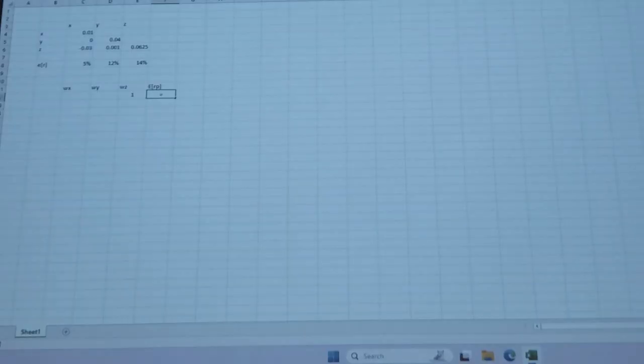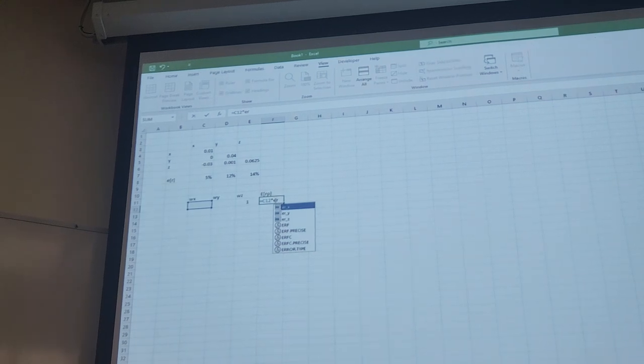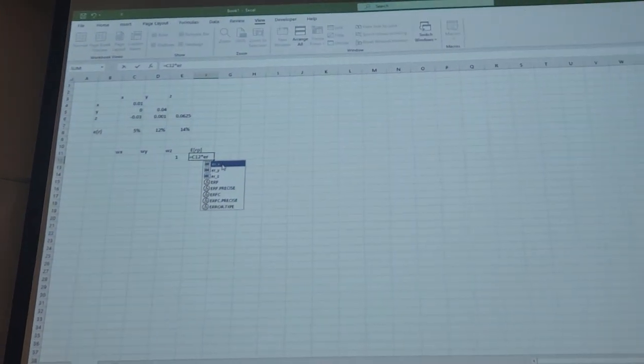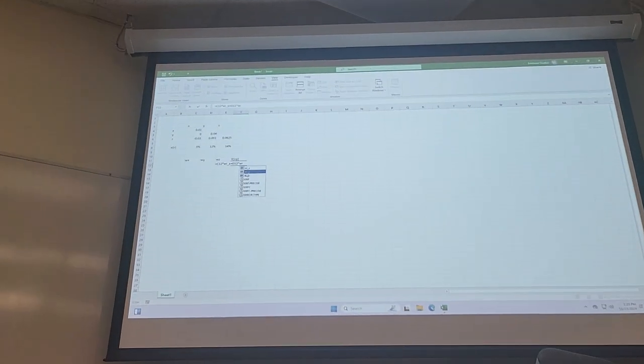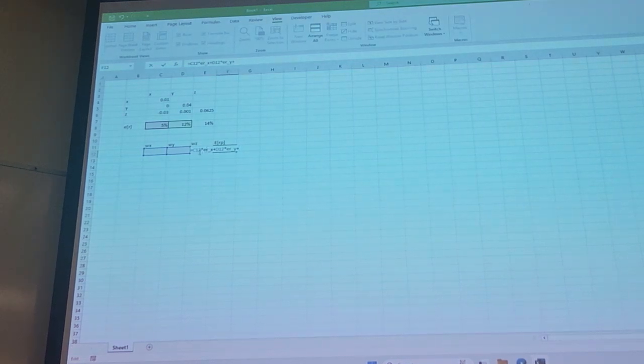Well, it's going to be the weight of x times expected return of x, and then plus this guy times the expected return of y, plus this one times expected return of z, right?